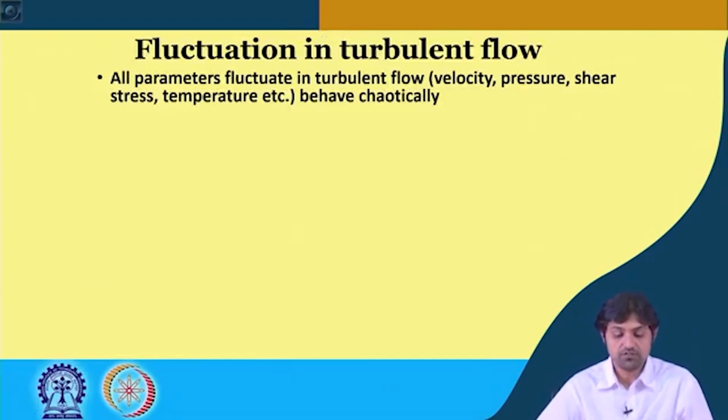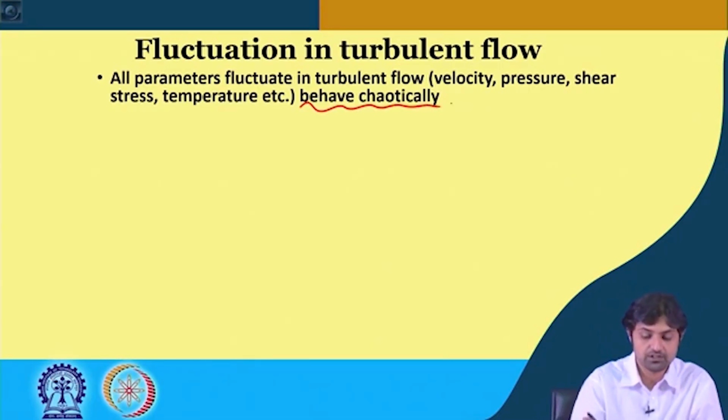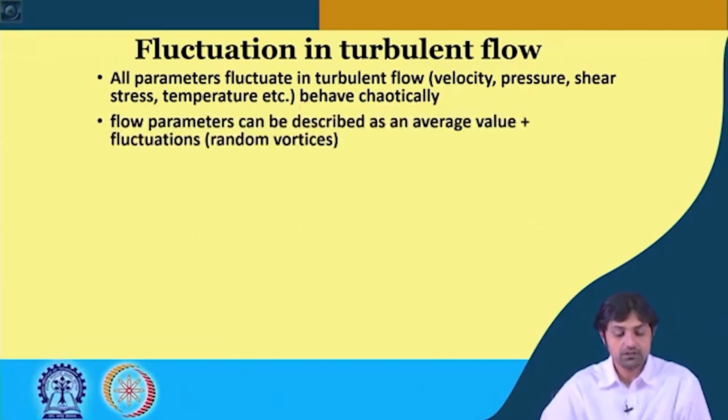Talking about the fluctuation in turbulent flow, all parameters fluctuate, whether it is velocity, pressure, shear stress, or temperature. Everything fluctuates and they behave chaotically. Chaos is there. The flow parameters can be described as an average value plus fluctuation.